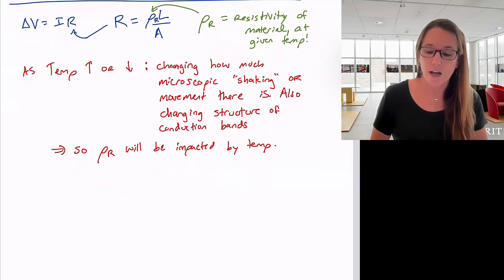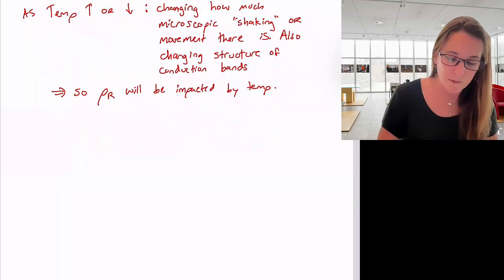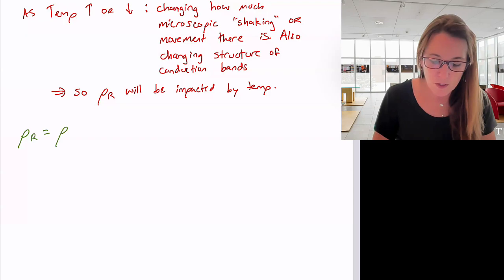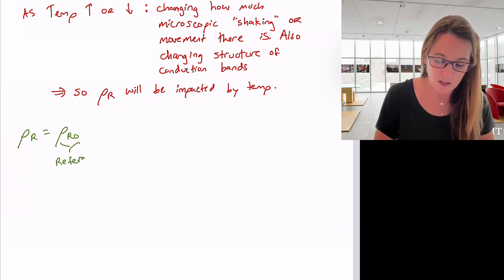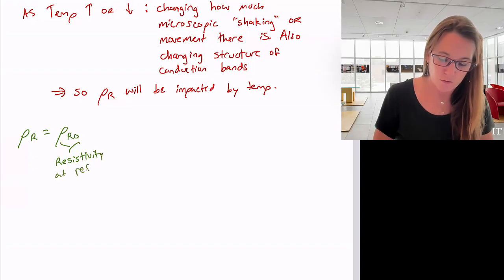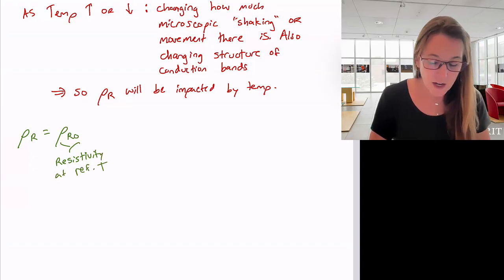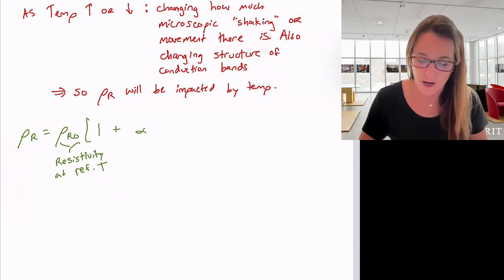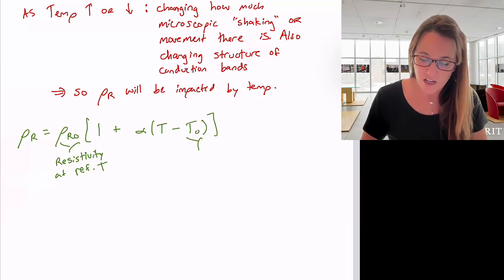And so we can actually just write out the equation for this. The actual equation for resistivity is going to be equal to some reference resistivity, that is, the resistivity at a so-called reference temperature, times this factor, which is 1 plus alpha, I'll define alpha in a second, times T minus T naught, where T naught is the reference temperature.